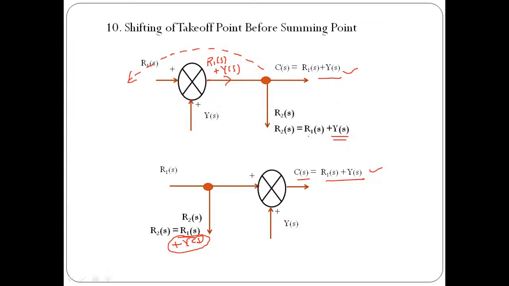But if you compare the value of feedback signal, here the feedback signal is R1 of S plus Y of S, and here we are getting only R1 of S. So what we need to do? We need to add plus Y of S over here so that we will get the same feedback signal, which is R2 of S, going to be R1 of S plus Y of S. That is important.